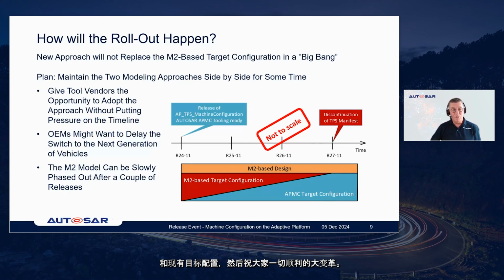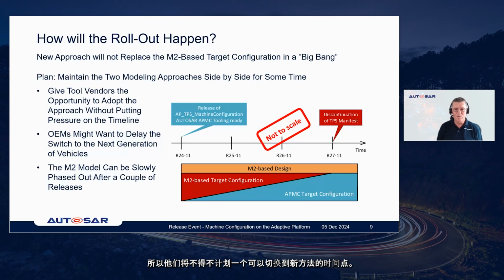Tool vendors need to create new tools which can deal with APMC models, and that takes some time. And also OEMs are currently running their development projects, and they don't want to switch to the new approach while the development project is ongoing. I think this is very much obvious.